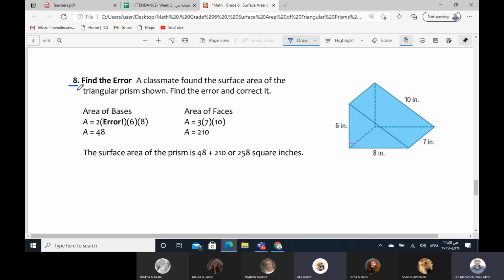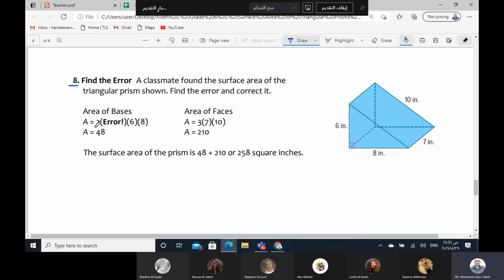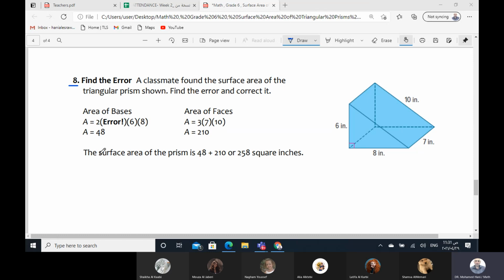Find the error and correct it. Okay, and here we have the area of bases. This is the base. We have two congruent bases, so multiply here by 2. Then as you see, 6 times 8, 6 times 8.